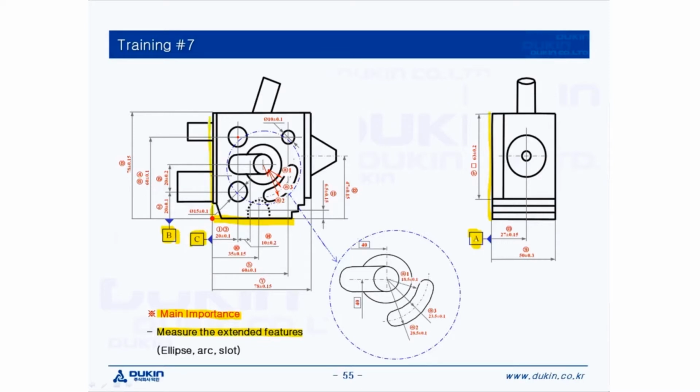After the coordinate system is set up, we're going to measure the dimensions by the order of numbers. Dimension number 1 to 6 are the x and y coordinates for those 3 circles.